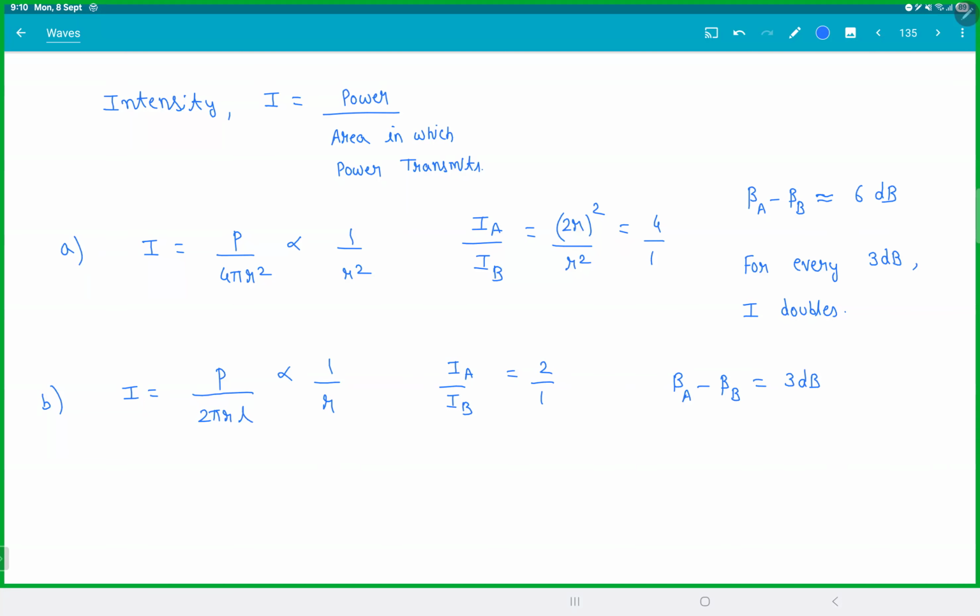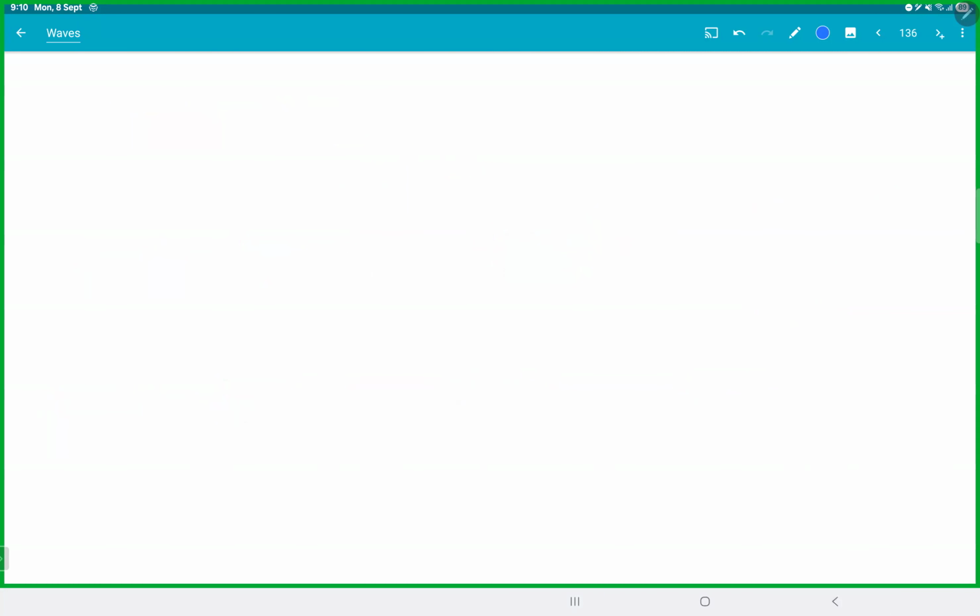The next thing, stationary waves. Like I said, in this entire chapter, stationary waves is the most important one. We did stationary waves in a string. Now we are doing stationary waves in sound. So if you remember, there the equipment's name is sonometer.